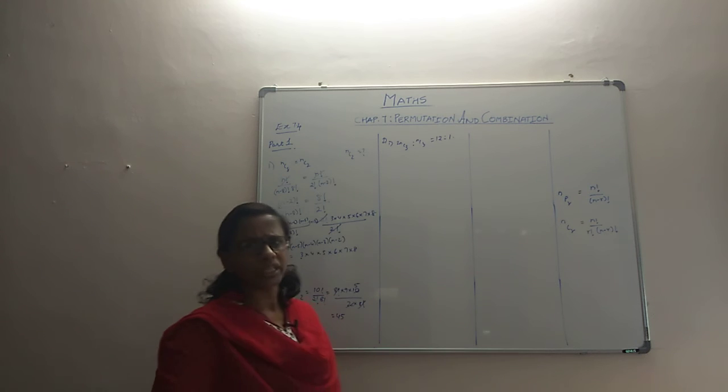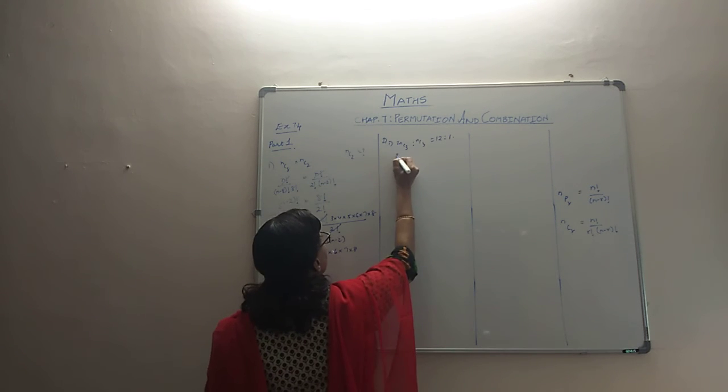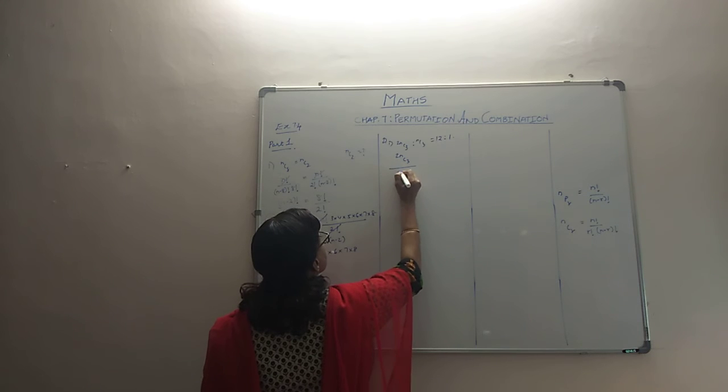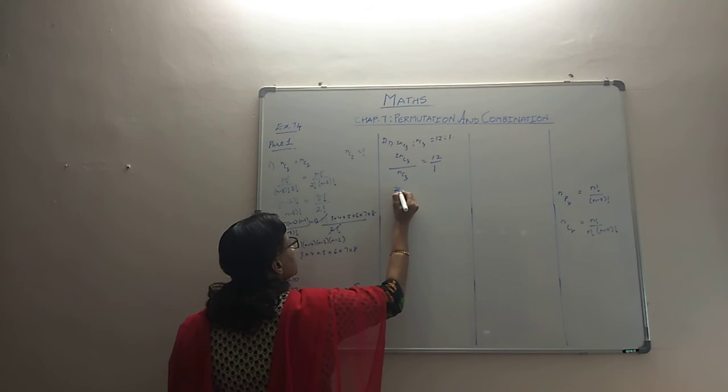Okay. Ratio, we know it's division. So this means that 2nC3 by nC3 is 12 by 1. That's what it suggests. So let's right away put the formula.